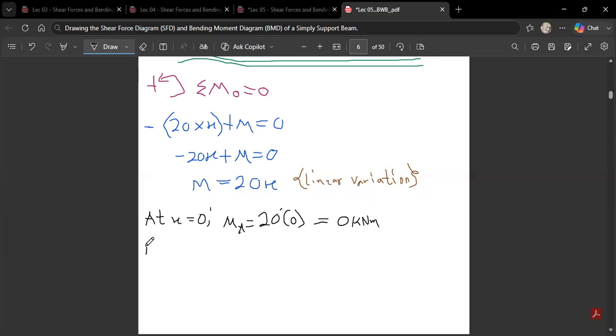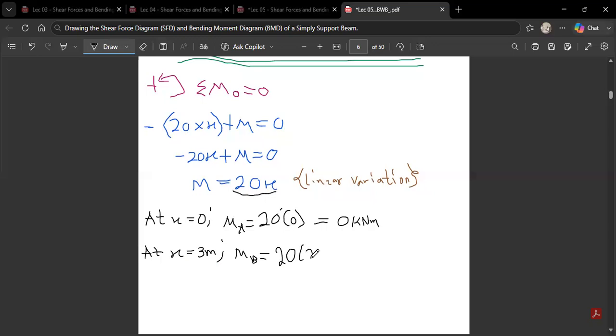Then over here, you come and say that at x is equal to 3 meters, your MB, that is the moment at B, is going to be equal to 20 into brackets, we put 3 over there because of the x. Anywhere you see the x, you put 3 over there.